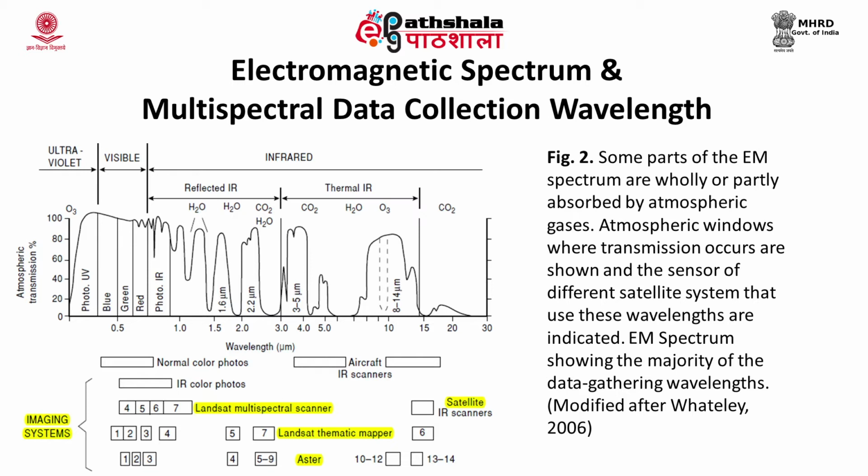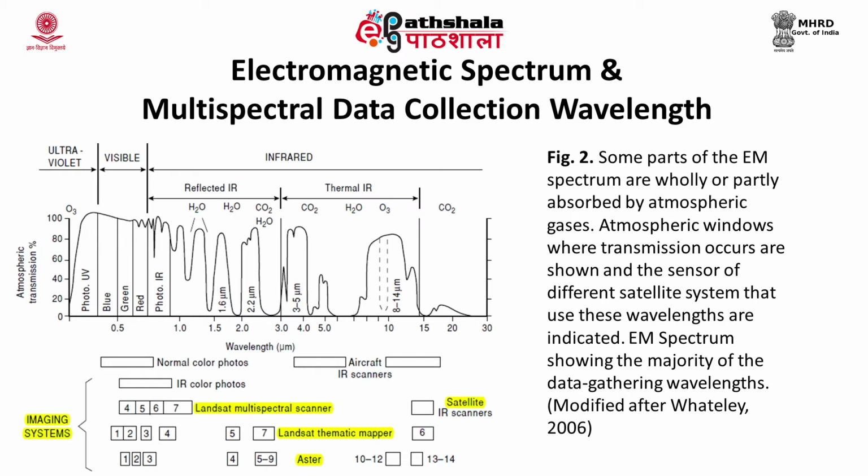So, in that range we can get the image. Then if you look at the reflected IR, that is infrared, you can see there are different peaks and troughs. Here H2O will absorb certain ranges of your reflected IR. So, in that range we will not get any information.